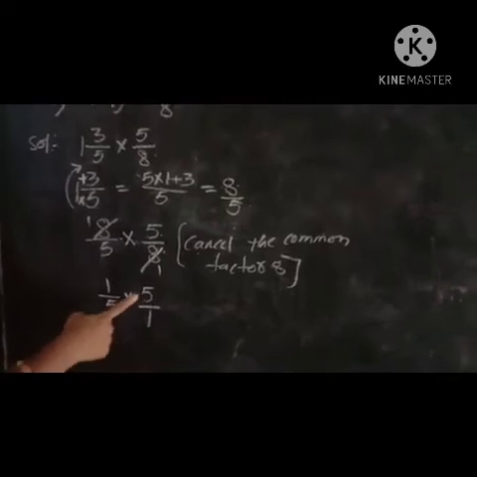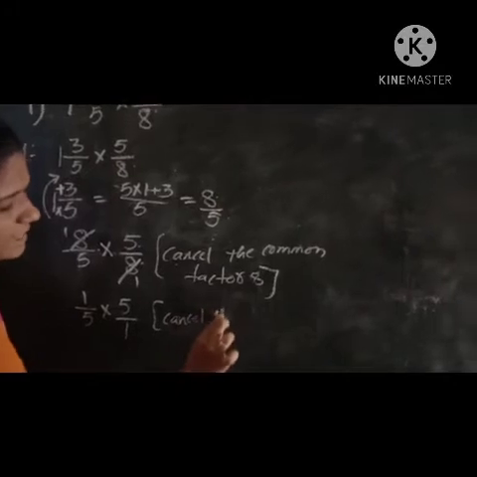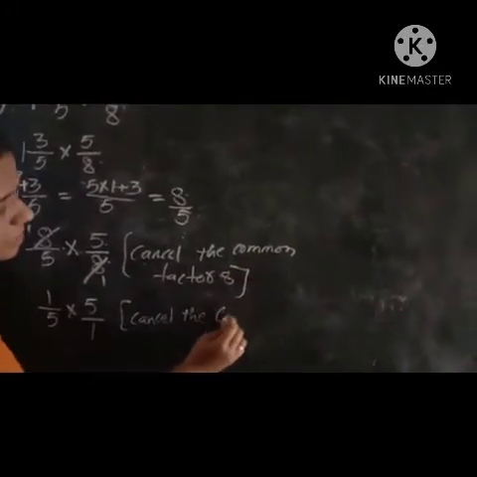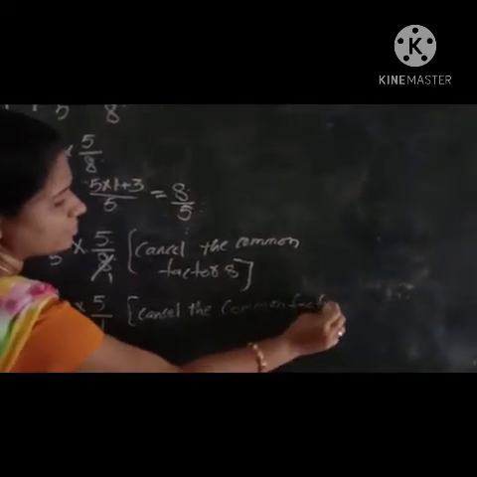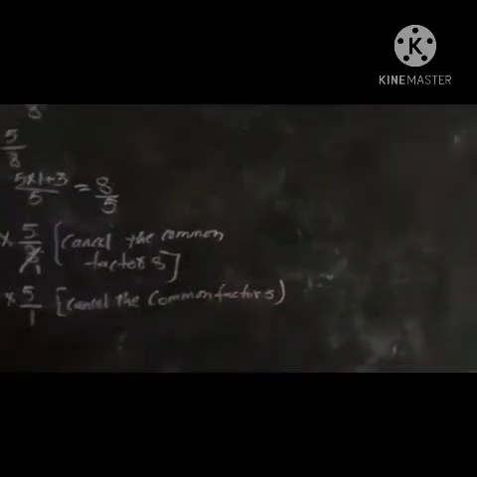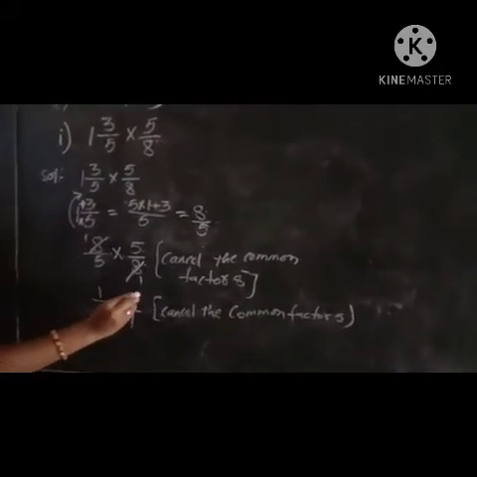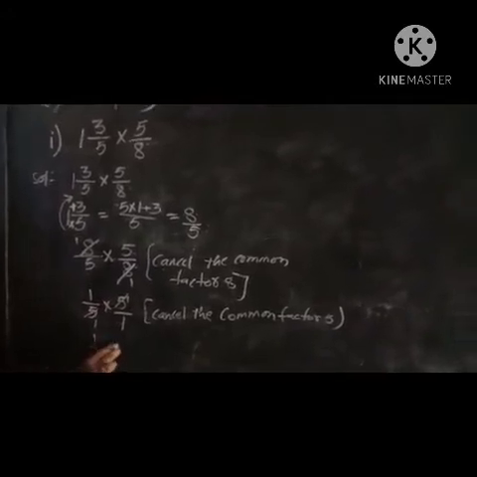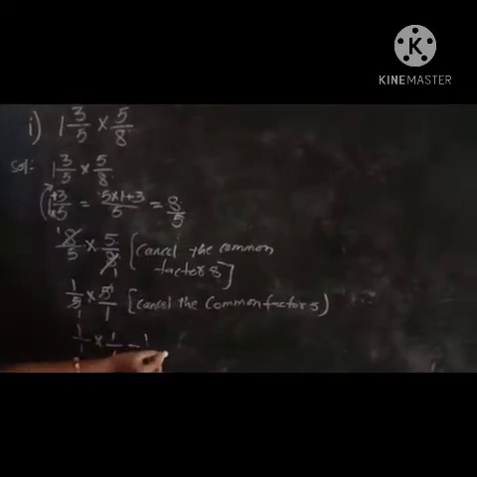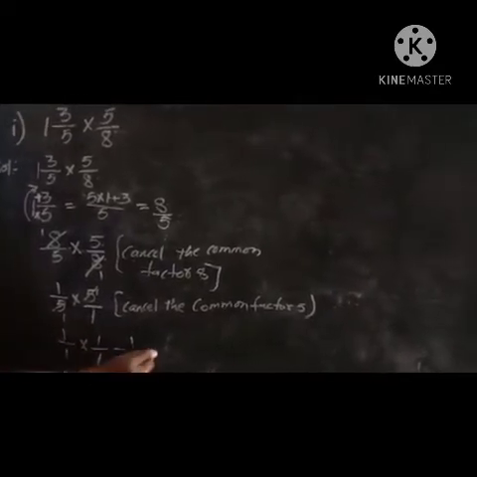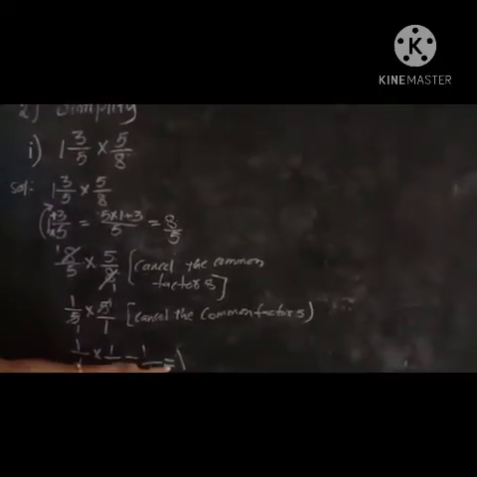We can cancel these two numbers. Cancel the common factor 5. So what is the number here? 1 and 1. So 1 by 1 into 1 by 1 equals, see children, 1 into 1 is equal to 1 only. It is equal to only 1. 1 by 1 is equal to 1.